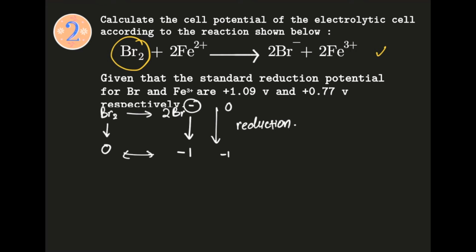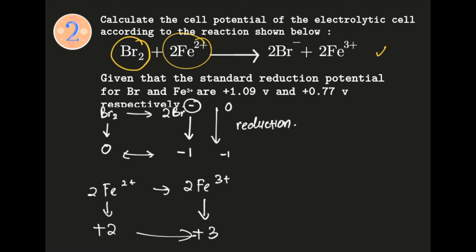Right. On the other hand, when you have your Fe, so at first it is Fe2 positive and it turns into 2Fe3 positive. Means that the oxidation number is +2 turns into +3.